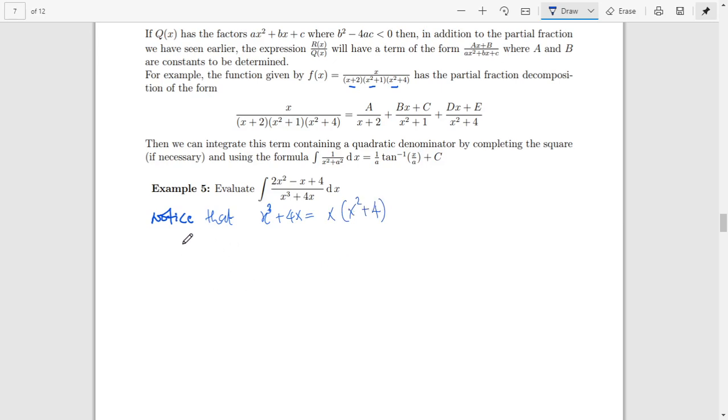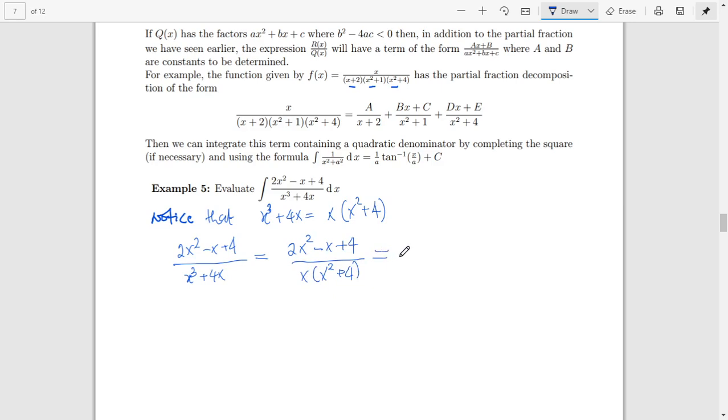So that tells me that 2x squared minus x plus 4 divided by x cubed plus 4x is the same thing as 2x squared minus x plus 4 divided by x into x squared plus 4.